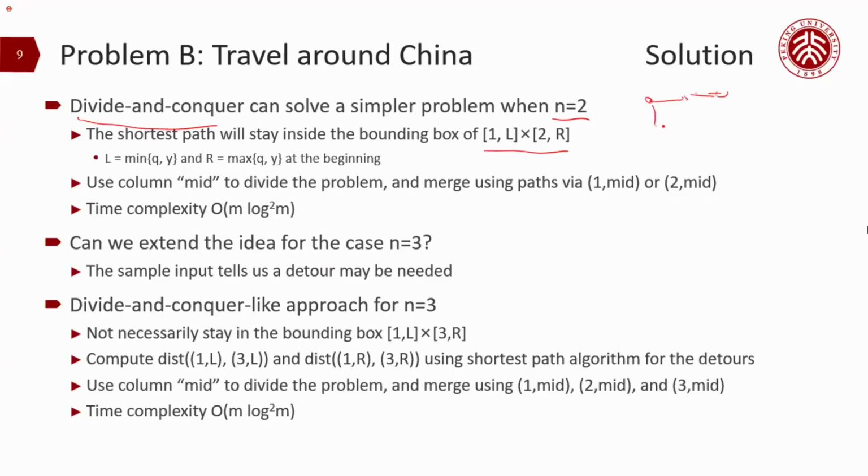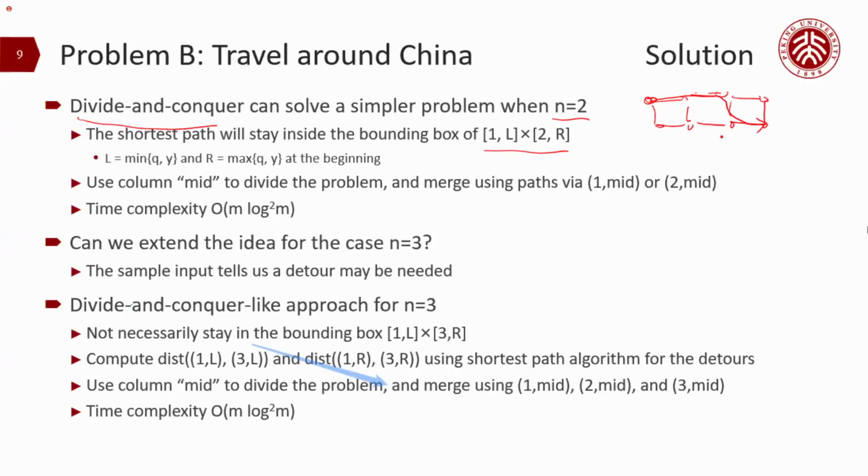And then we would like to compute the all pairs distance of 2 rows. So for any path from one endpoint to the other endpoint, the shortest path will always go inside this bounding box. So this is a property.